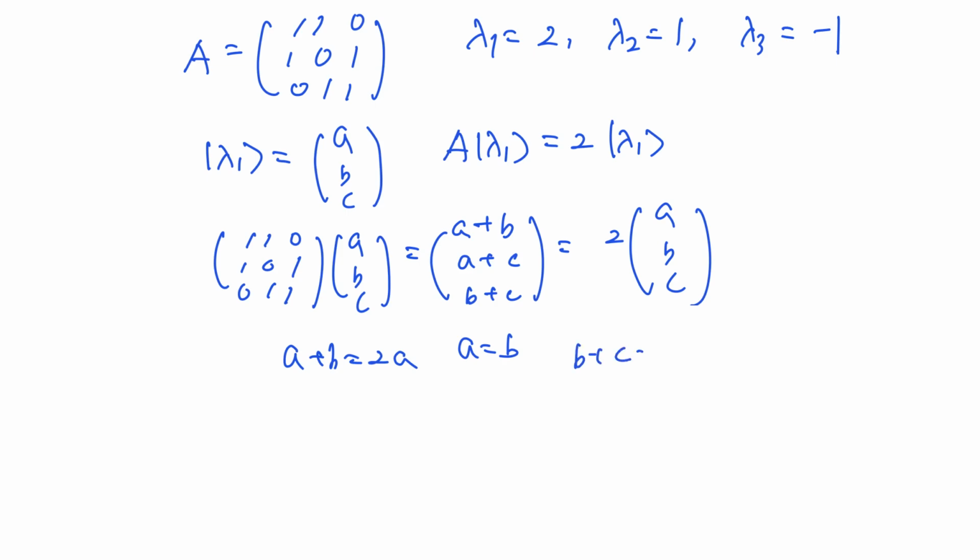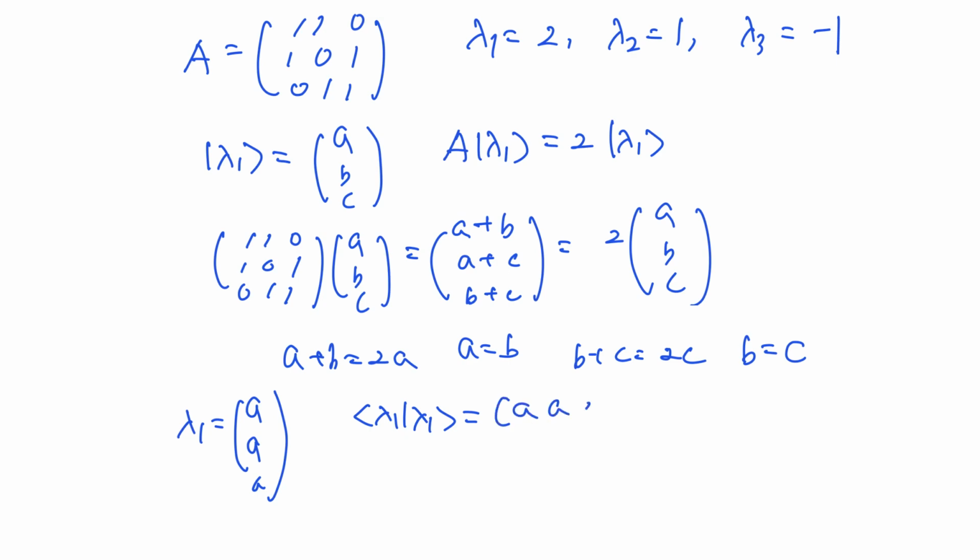B plus C is 2C, or B is equal to C, right? So the eigenvector is basically A, A, A. So let's normalize: 3A squared equal to 1, right?